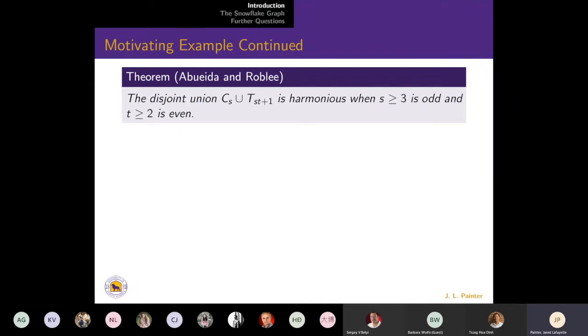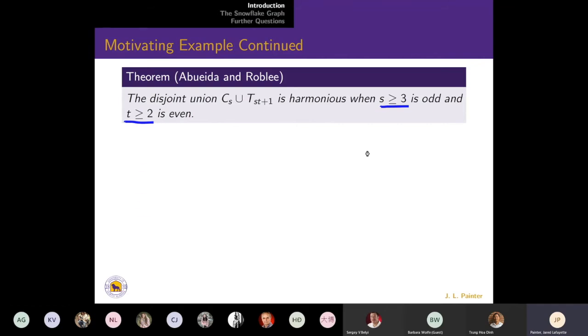Dr. Roblee and Abueida had a paper where they showed that the disjoint union of a cycle of length S with the star-like tree T sub S, T plus 1 is harmonious when we assume that S is bigger than or equal to 3 and odd, and T is bigger than or equal to 2 and even.